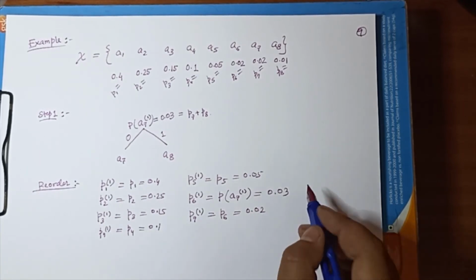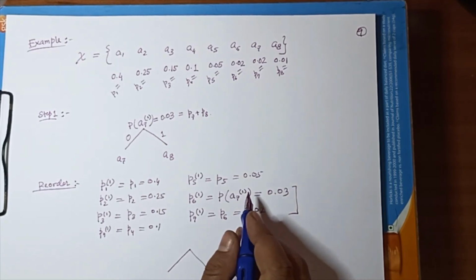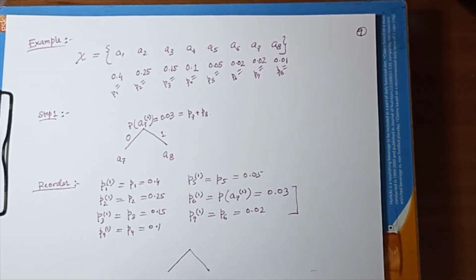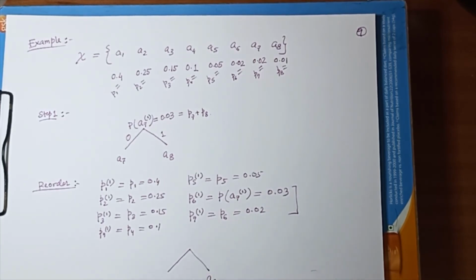Now what are the lowest probability? Lowest probability are these two. So these two will create the next level of siblings. So next level of siblings will be, this is A6, so S12 A6, and this is A71. So this will be 0, this will be 1.